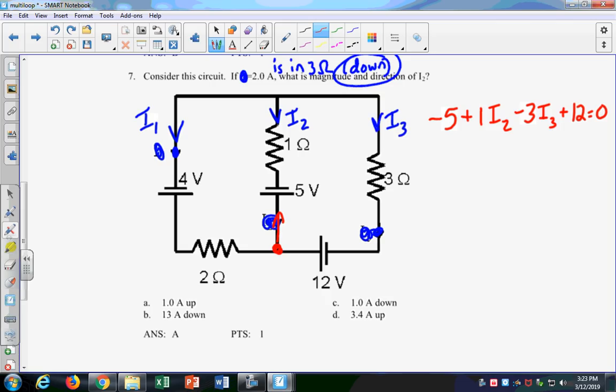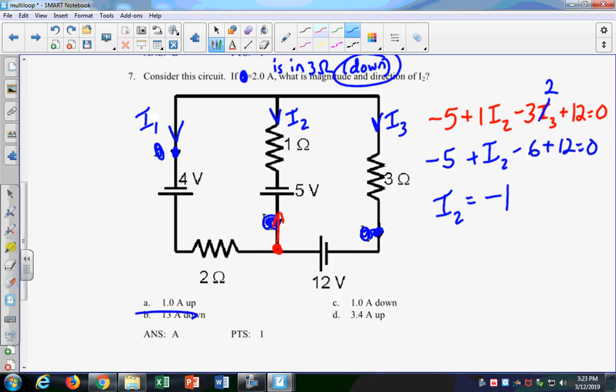So now I put in my current. I have 2 amps for I3. So I have minus 5 plus I2 minus 6 plus 12 equals 0. So I2 is equal to minus 1.